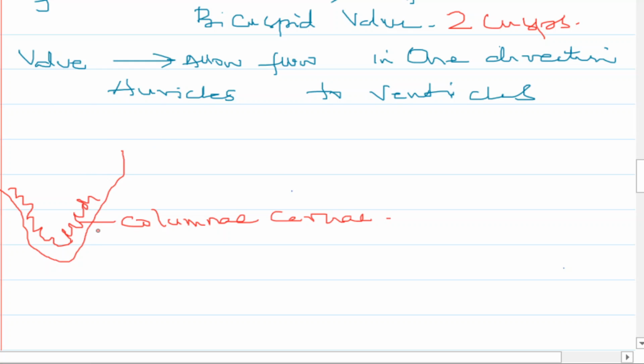The internal wall of the ventricle is thrown into ridges called the columnae carneae. And some of them are pyramid shaped. These are called papillary muscles.